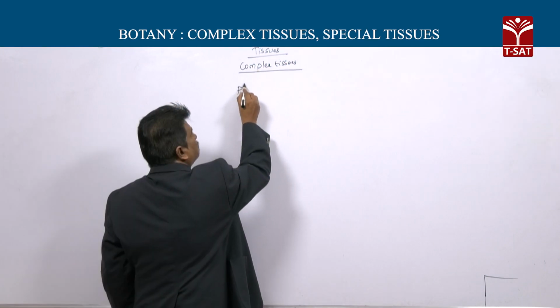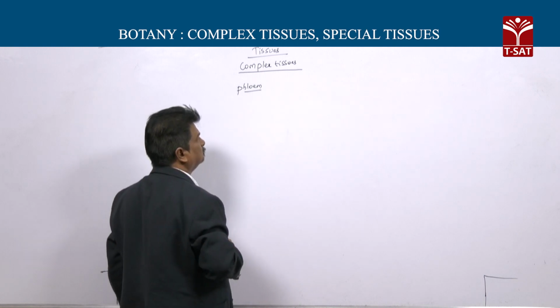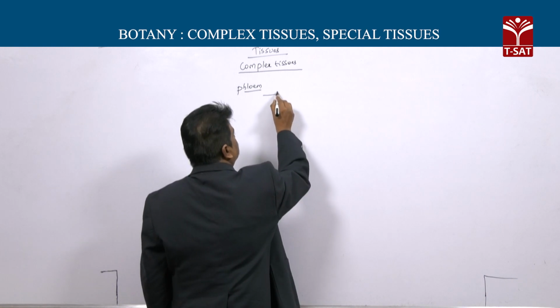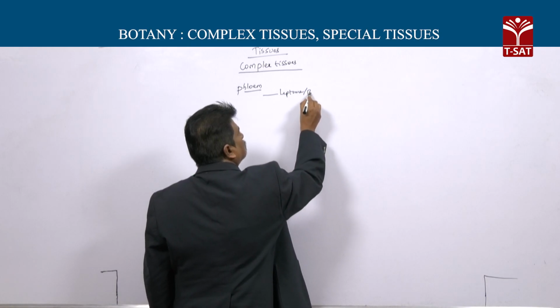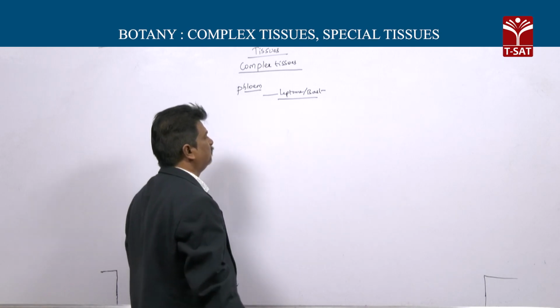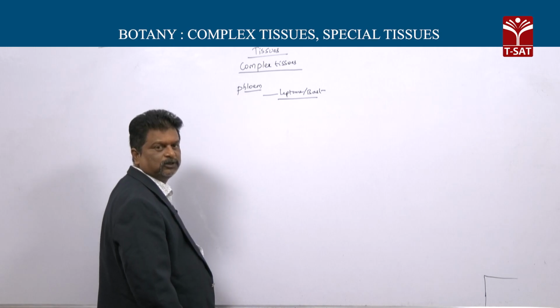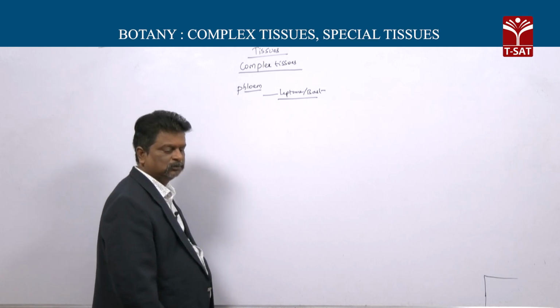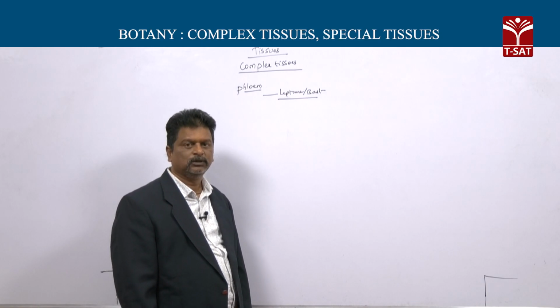The next type of complex tissue is called phloem. Phloem is also called leptome or bast. The function of phloem is that it helps in translocation of food from source, meaning the photosynthetic part, to sink, meaning storage organs.